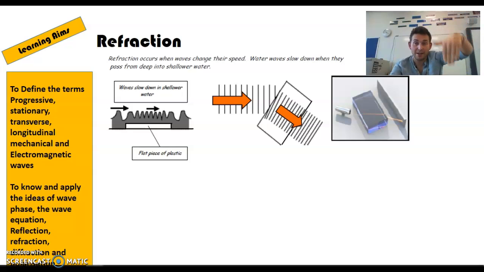Unless it's entering dead on, then it won't change its angle, but if it's entering at an angle, then it will change the angle that it's being pitched at. If it's entering a more optically dense medium, it will bend towards the normal. If it's entering a less optically dense medium, then it'll bend away from the normal.